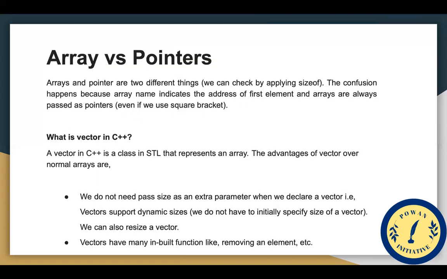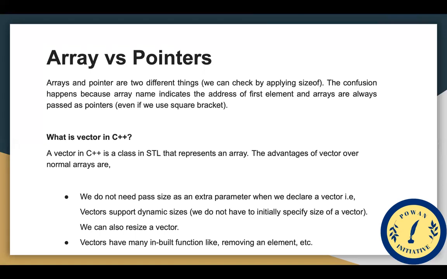So at this point of time, we have covered all of this. We are clear with arrays. Now, at the ending of this session and the topic of arrays, we are going to compare arrays with pointers. Arrays and pointers are two different things. The confusion happens because the array name indicates the address of the first element and is always passed as a pointer.